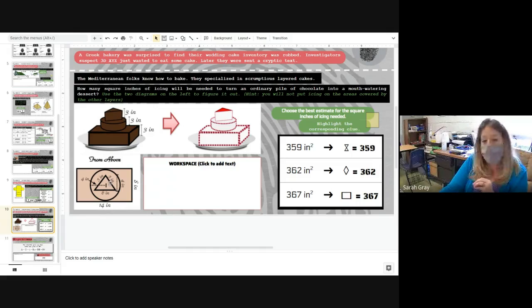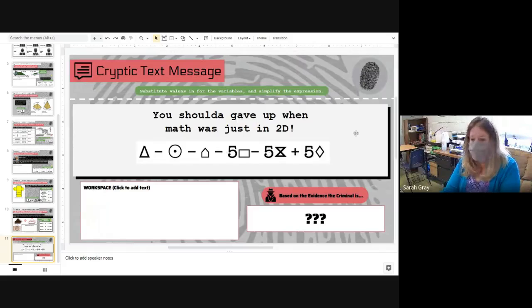Since I didn't frost underneath the triangle, I just did the triangle once, the circle once, and the rectangle once. So really, that's just the area of the rectangle. 367. So then you take those numbers and you put them into this equation to find your actual suspect. And that I won't tell you the answer to. Cool.